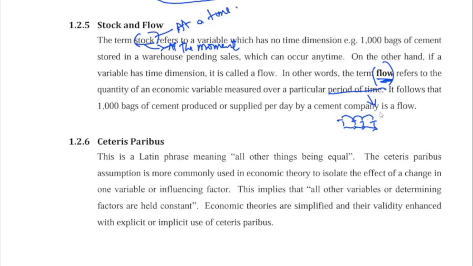And he said, oh, we used to have 1 million in the account at the beginning of business day on Tuesday. So this is stock and flow. Stock is at a particular time, while flow is over a period of time, repetitiveness, measured over a particular period of time.